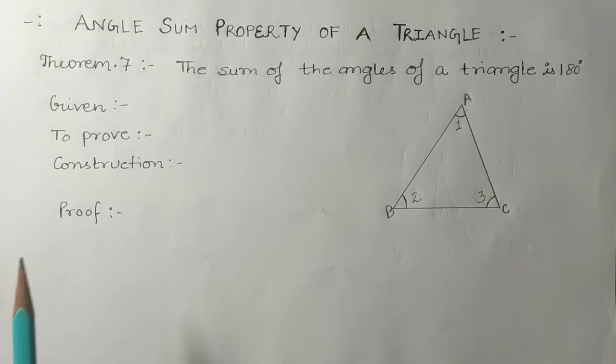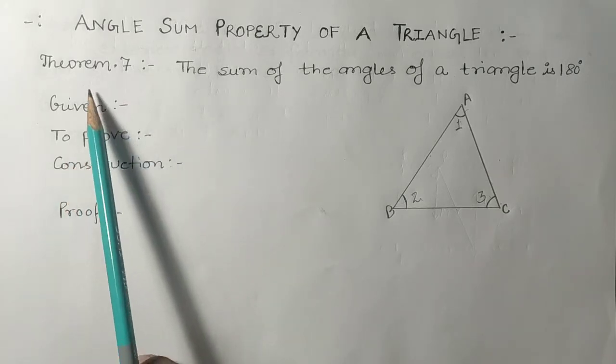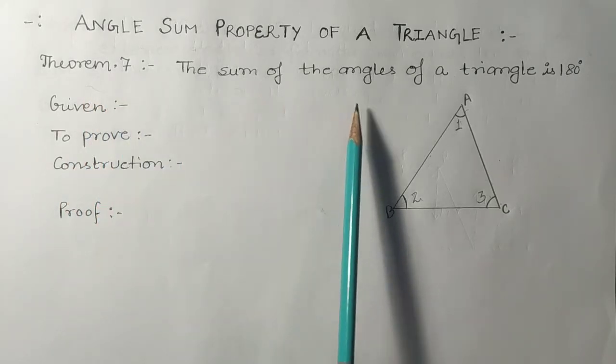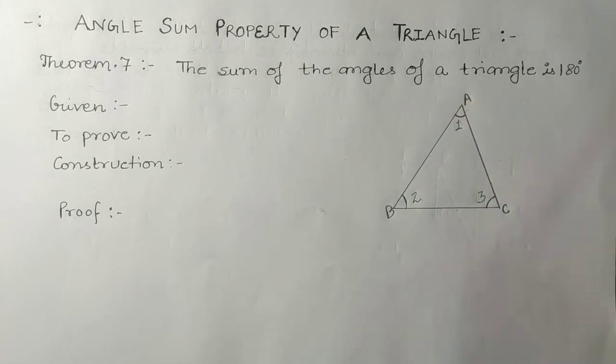Here we will study one theorem. The theorem is: the sum of the angles of a triangle is 180 degrees. Means if you add all the values of the angles of a triangle, then it will be equal to exactly 180 degrees.